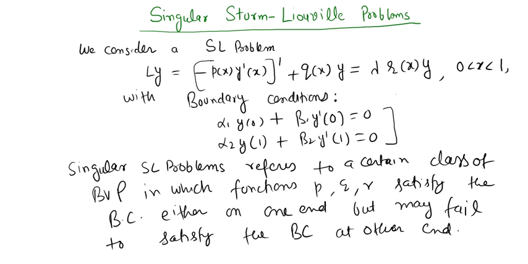So in this problem maybe the first condition is satisfied and the second is not, or maybe the first is not satisfied but the second condition is satisfied. So this equation is true in the open interval, at one end also.